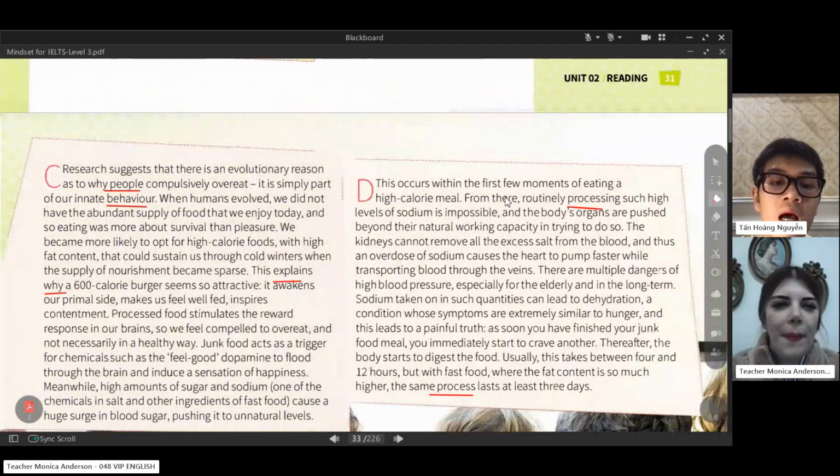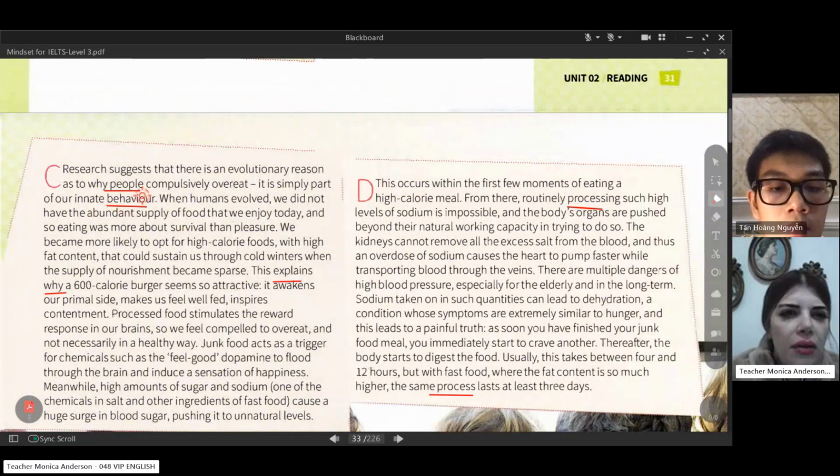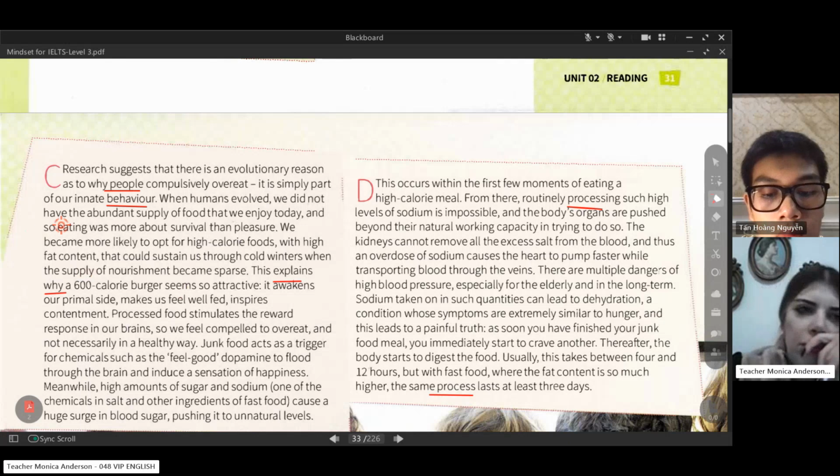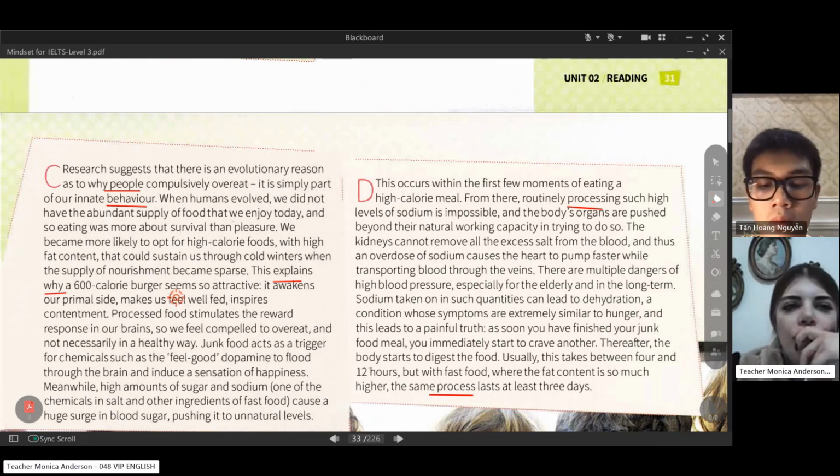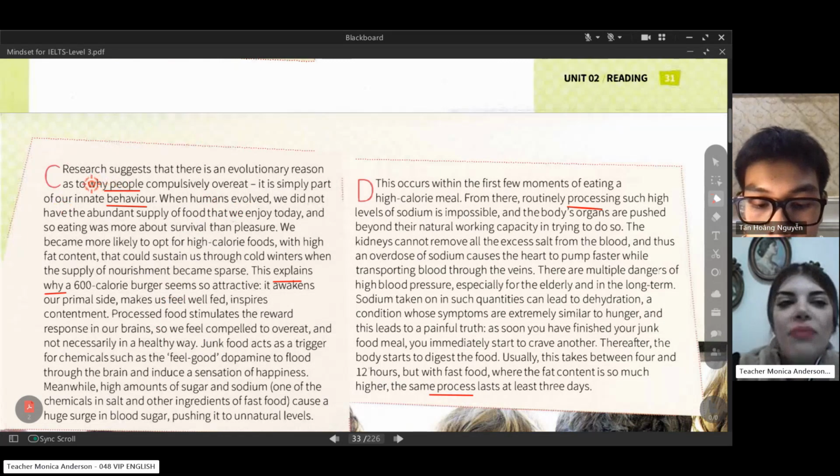I think lines 2 and 3. Let me write. And we have here about the research from the beginning.